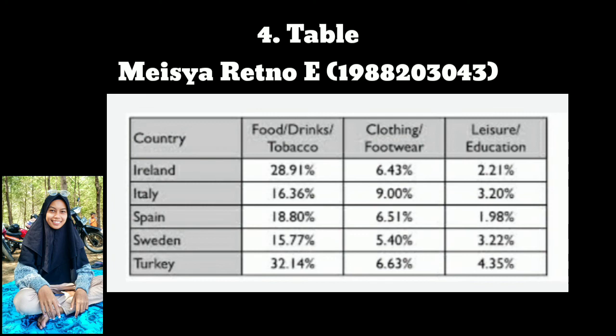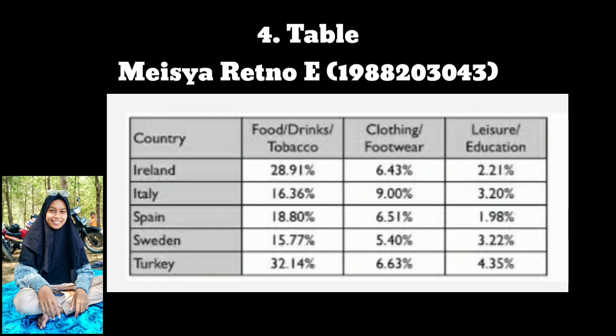Overall, the category of consumer goods that all countries spent most on was food, drink, and tobacco, which was 10 times higher than on the other types of goods. The lowest spending could be seen in the category of leisure and education in all five countries. The outlay of Turkey was generally higher than the other four countries.